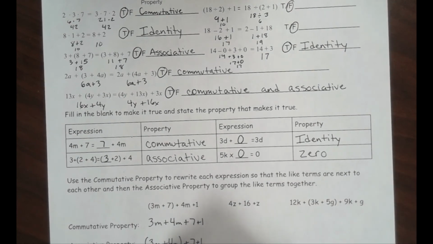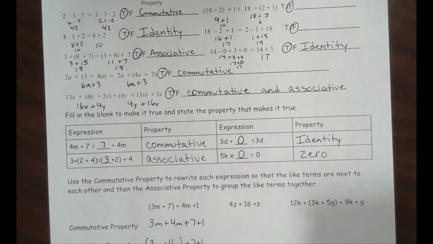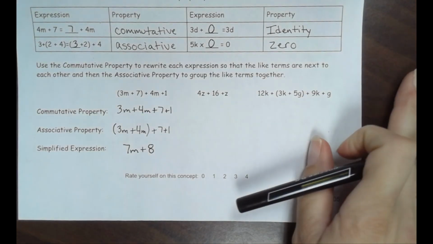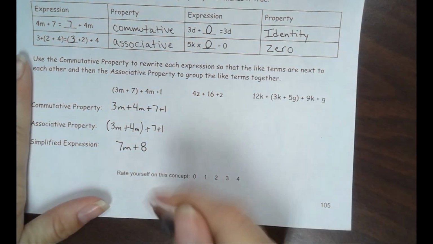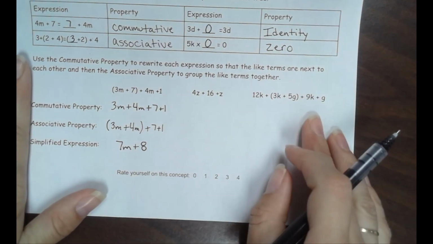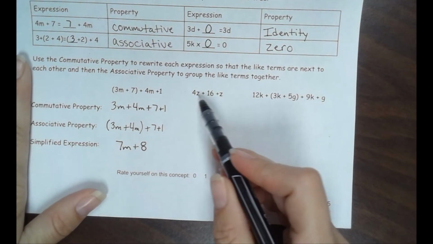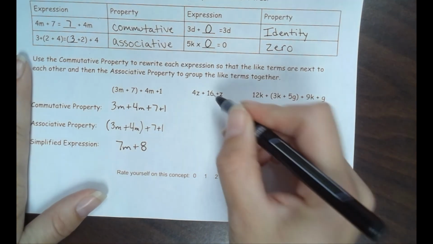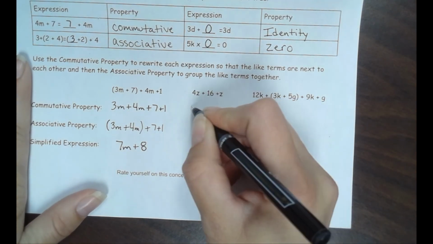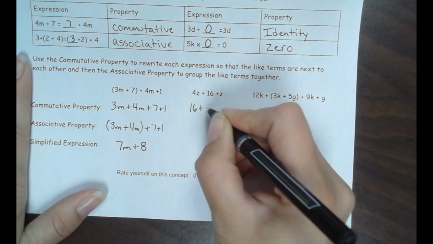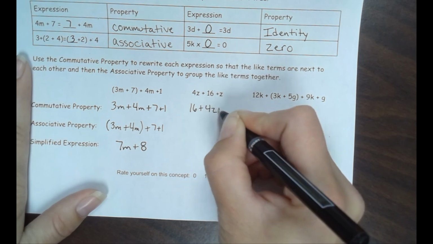Now the simplified expression, put together our like terms. 3m plus 4m would be 7m's total. Plus 7 plus 1, that would be the same as adding 8. So the simplified expression, oops, can't see that, sorry. Simplified expression would be 7m plus 8. So in this one, put our like terms together. If I want to move 4z over, I could put that, so 16 plus 4z plus z.